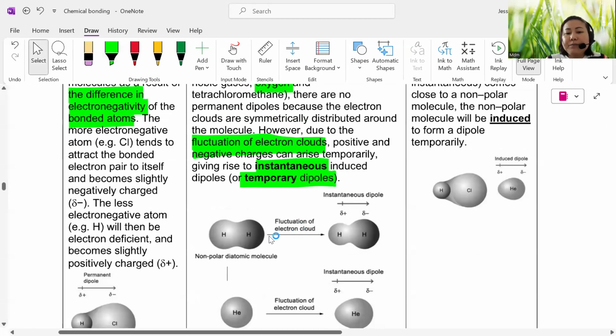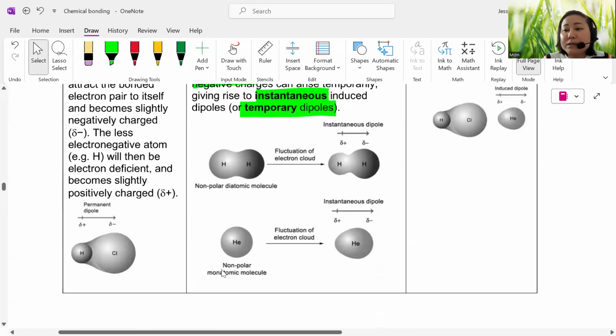For example, a nonpolar molecule like hydrogen, H2, because of temporary fluctuation of its electron cloud due to the environment, for that split second the electron cloud becomes unevenly distributed. Once that happens, there will be a temporary or instantaneous dipole forming.